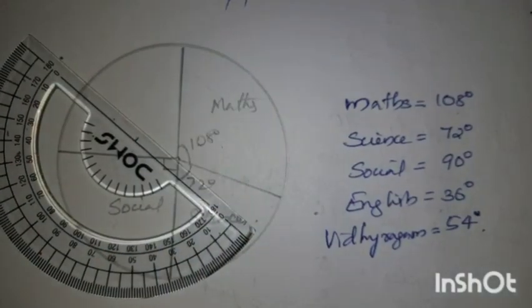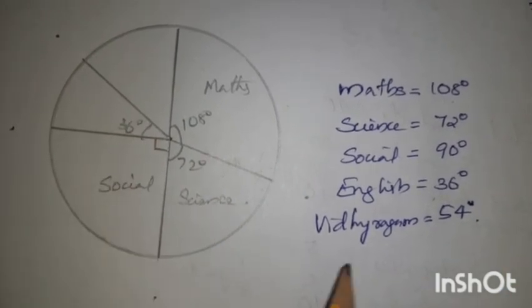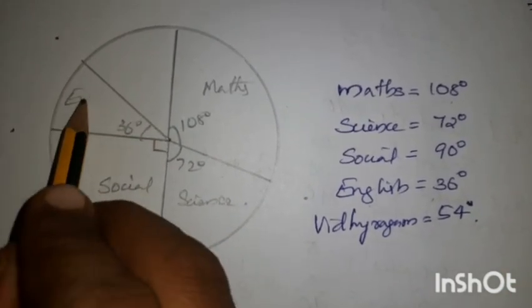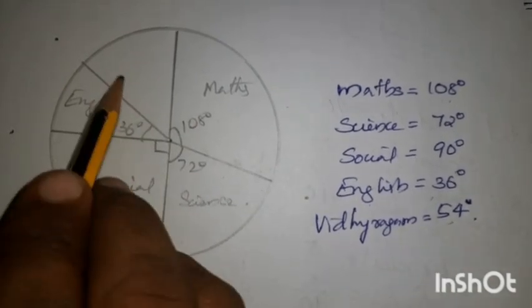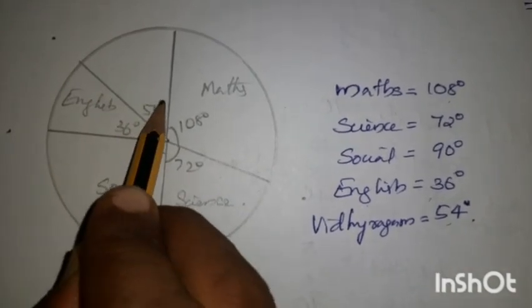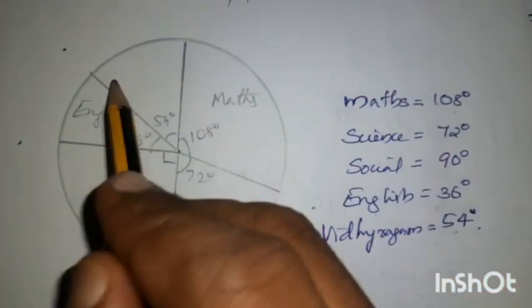Draw the line. This is 36 degrees, which is English. The balance is 54. That is Vidyarangam.